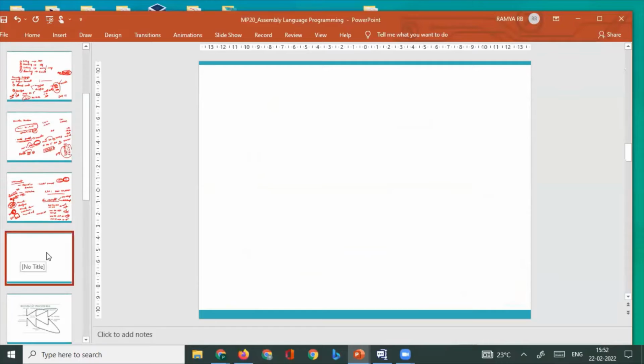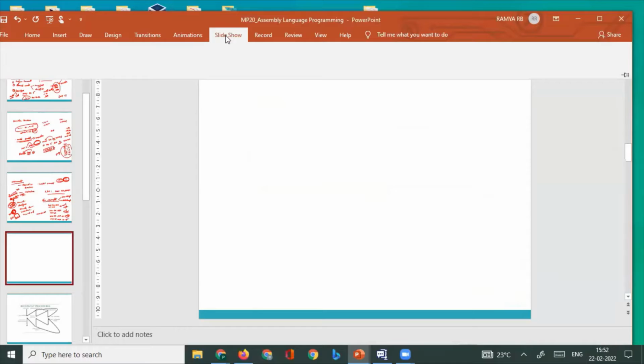Does anybody remember the difference between macros and procedures? Apart from reserve words, comment statements and software interrupts, you may also use this concept called macros and procedures in most assembly programs. That is why we are discussing procedures and macros now.